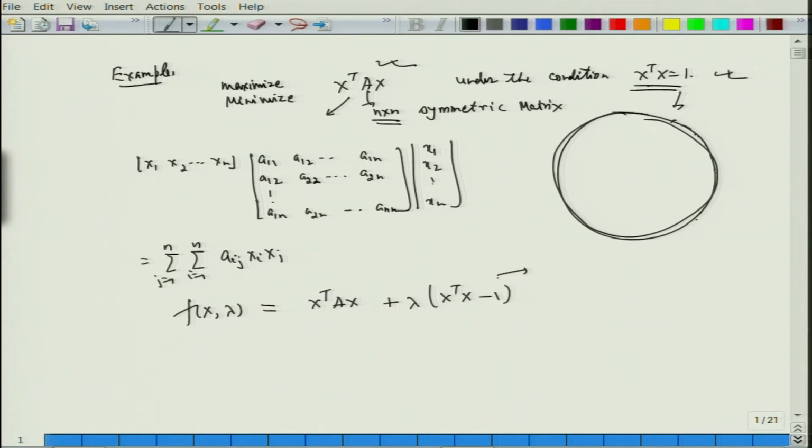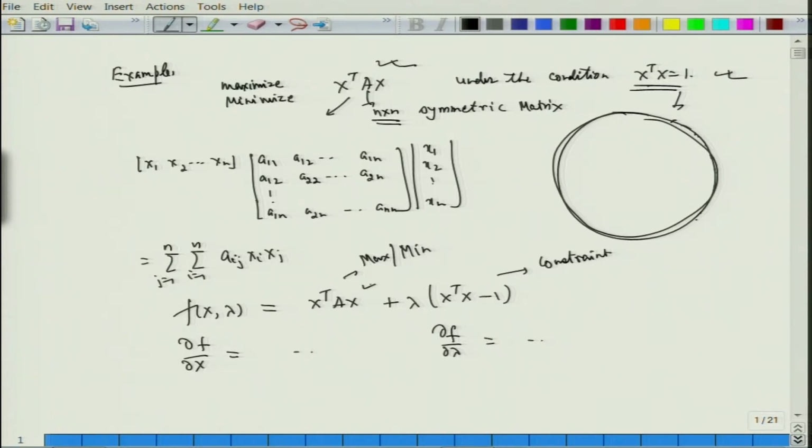This is coming from the objective part, max or min, and this is the constraint that we are looking at. And then we compute del f by del x and del f by del lambda, and proceed.